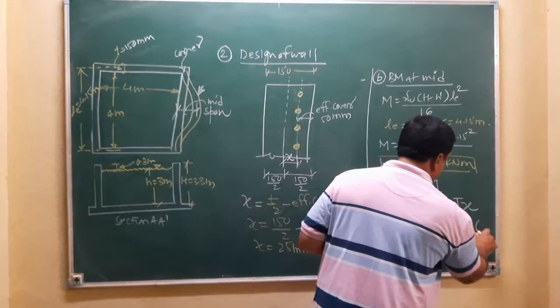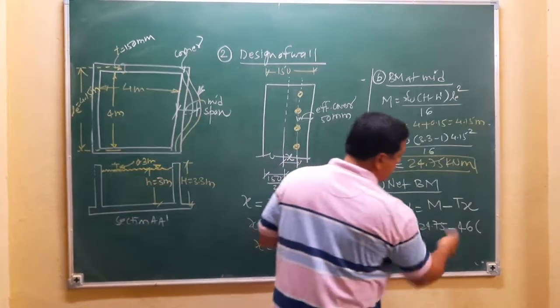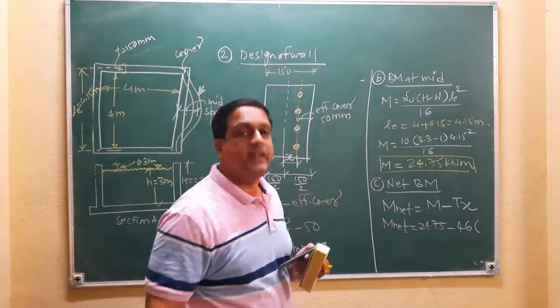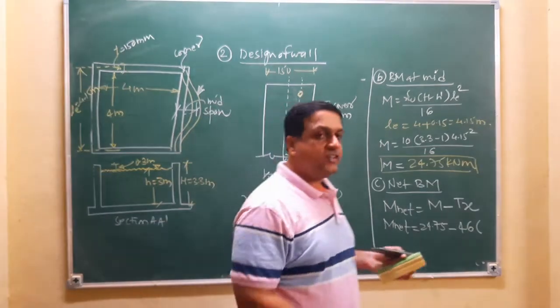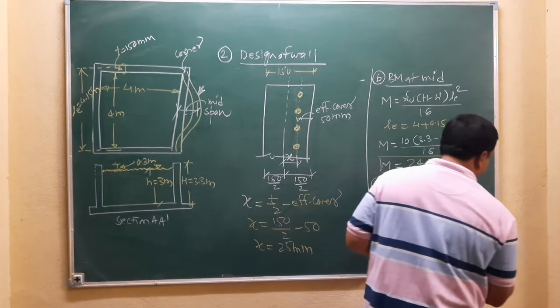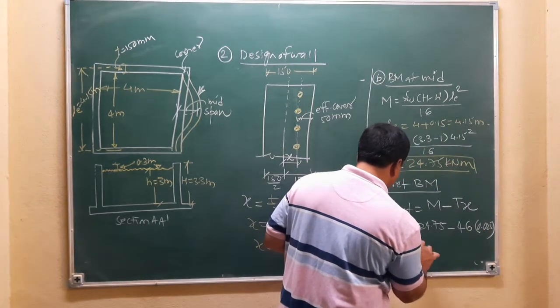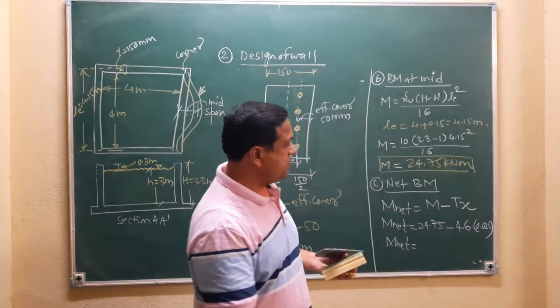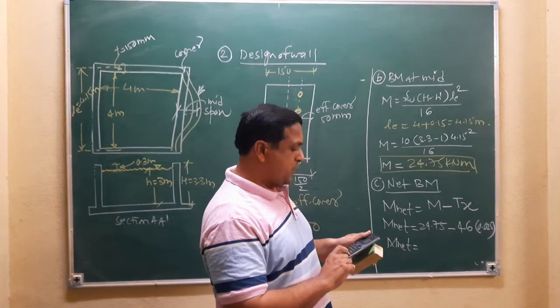What is X? X is 25 mm. But all these values are in kilonewton and meter, so to put this value X in meter, it is 25 divided by 1000, that is 0.025.